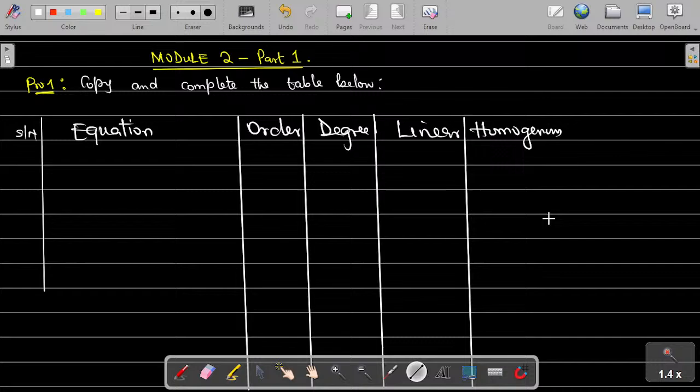And after homogeneous we have autonomous and non-autonomous.